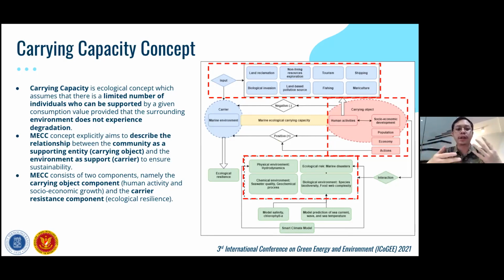And here's the MCC, the marine ecological carrying capacity, we explicitly aim to describe the relationship between the community as the carrying object, and the environment as the carrier itself, to ensure sustainability.